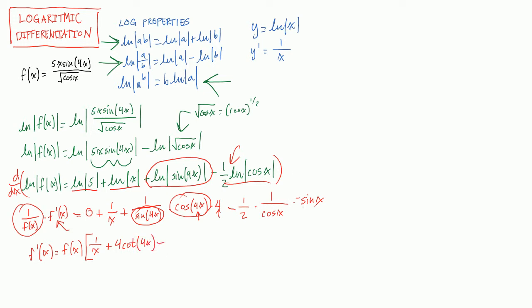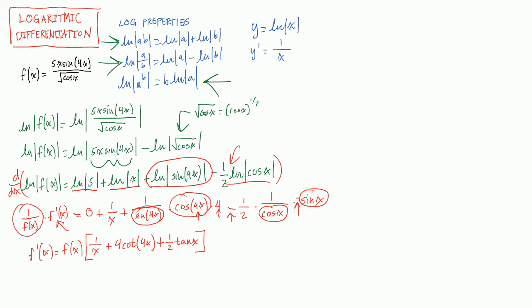And then we've got a subtraction right here, but notice this is actually a double negative because we're subtracting a negative, so that becomes a positive. And then we've got a sine over cosine, which is actually just tangent, so 1/2 tangent x.